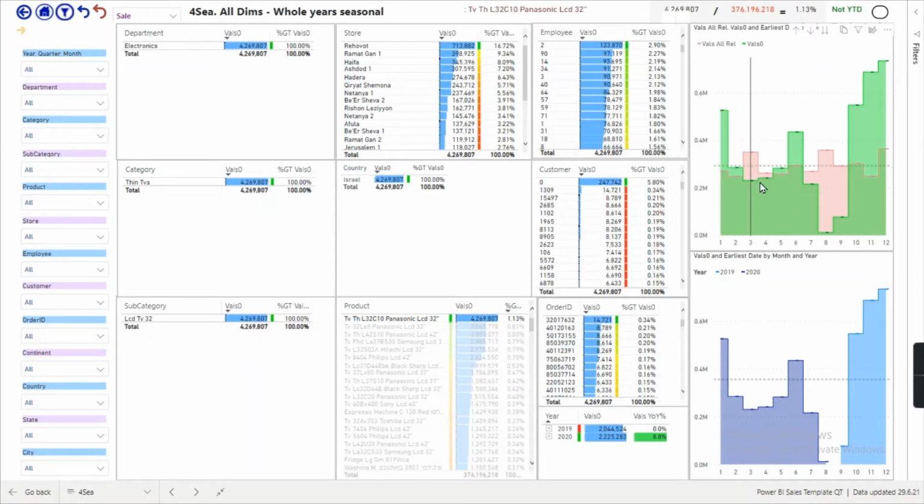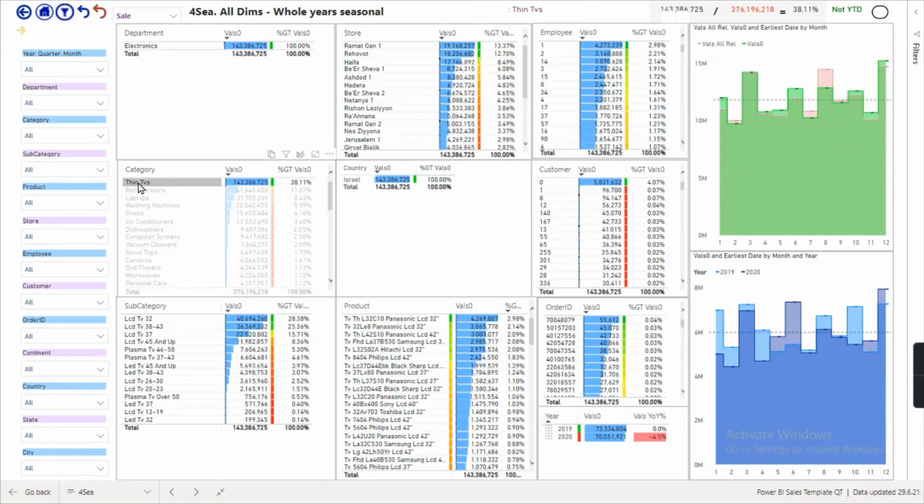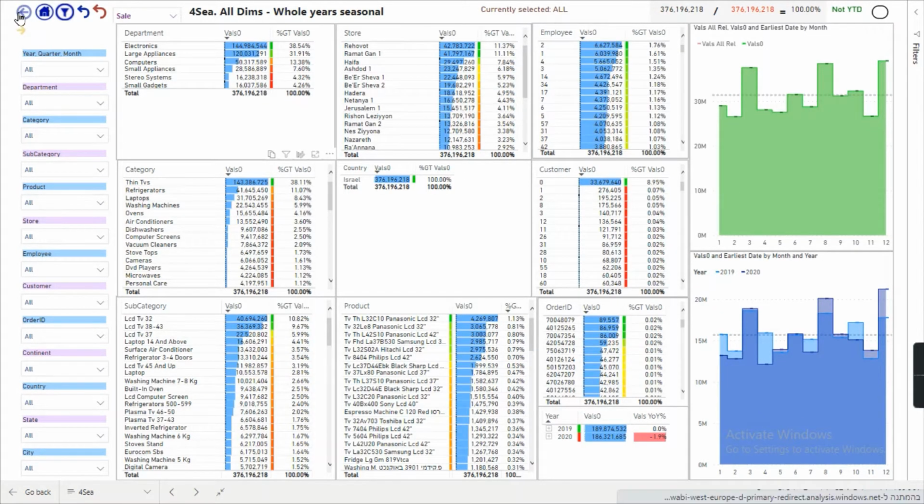Yeah, okay, we see that TVs go well at the end of the year. Okay, we saw it in Fin TVs, if I remember. It's going well all the average of the year and a little better at the end of the year. Okay, that's enough for this page.